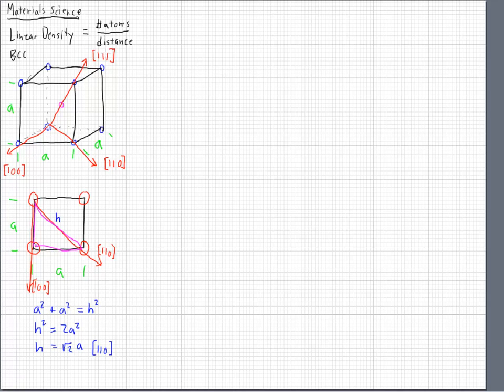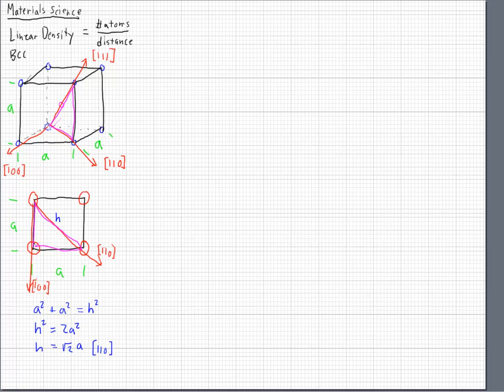Now it's left just to find the distance in the 1, 1, 1 direction. This takes a little more geometry. So we are going to have another triangle, and it's going to start back here at the origin again, go all the way up to the center of this atom, come down to this atom, and go back.